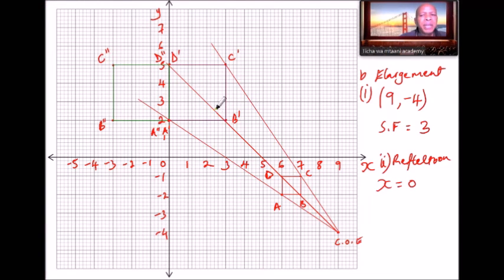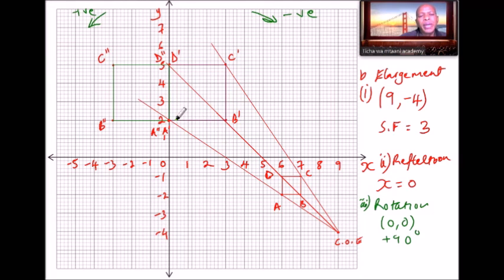Like I had mentioned, this is the positive rotation when we are rotating anti-clockwise, and this is a negative rotation when we are rotating clockwise. So the third one is rotation, Roman number 3. The center of rotation is (0, 0). The angle of rotation is positive 90 degrees.